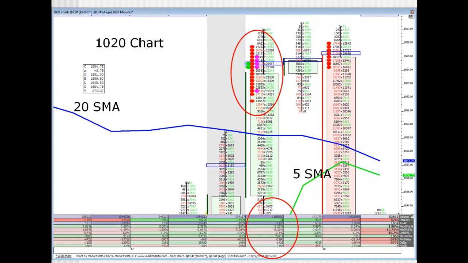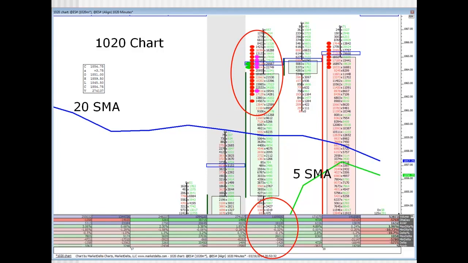I need to compare it with the last day session before it. And in this case we had a little over a million. So obviously we have a little bit more volume on this day session, but not significantly more.